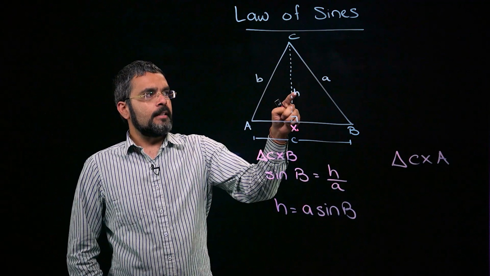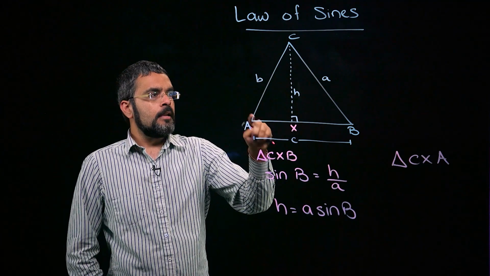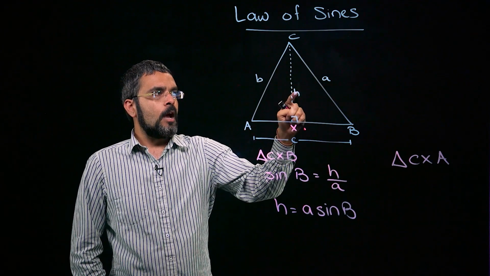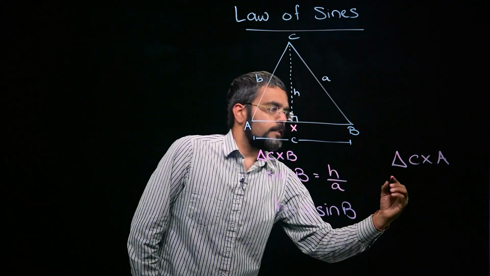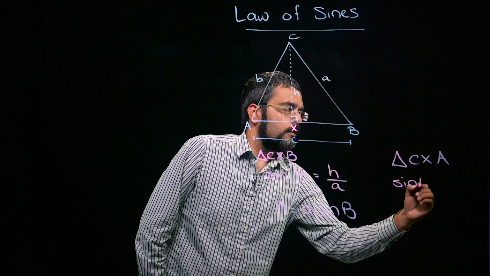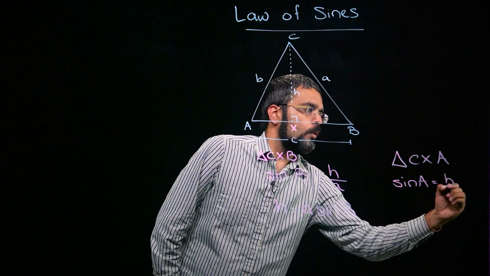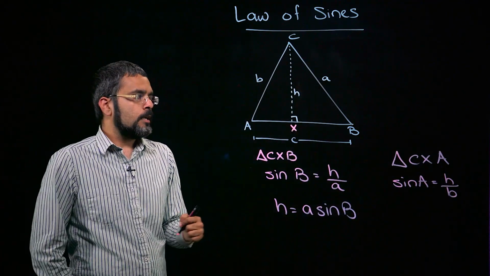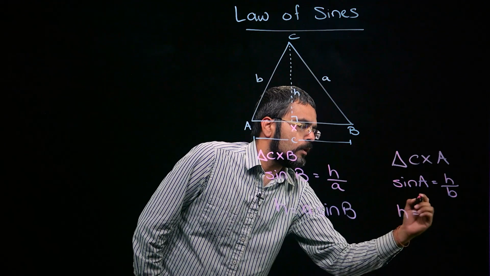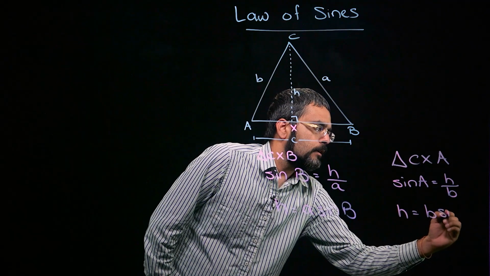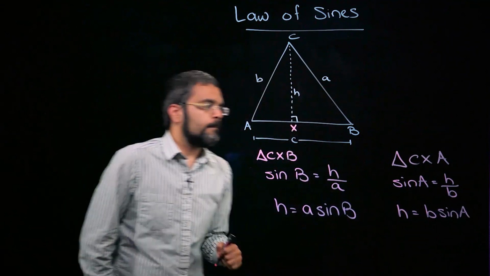If I look at angle A and the side h, they're related by sine of A equals opposite over hypotenuse. So here my hypotenuse is B, so I have sine of A equals h over B. And if I cross multiply again, I get h equals B sine A.